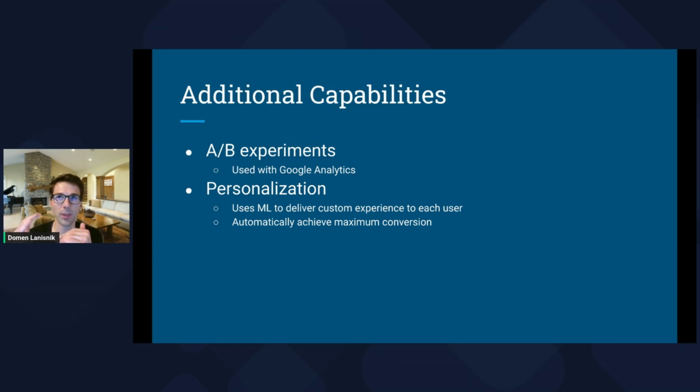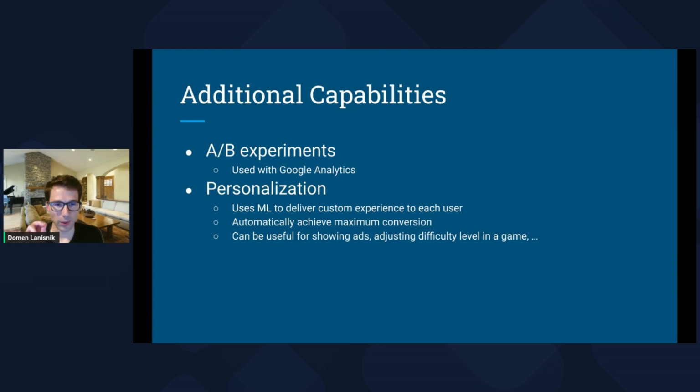So it will change the settings of the experiment, or essentially the config, so it achieves the maximum conversion rate. And this is really useful when you're showing ads, or if you have a game and you need to adjust the difficulty of the game based on how users are doing.